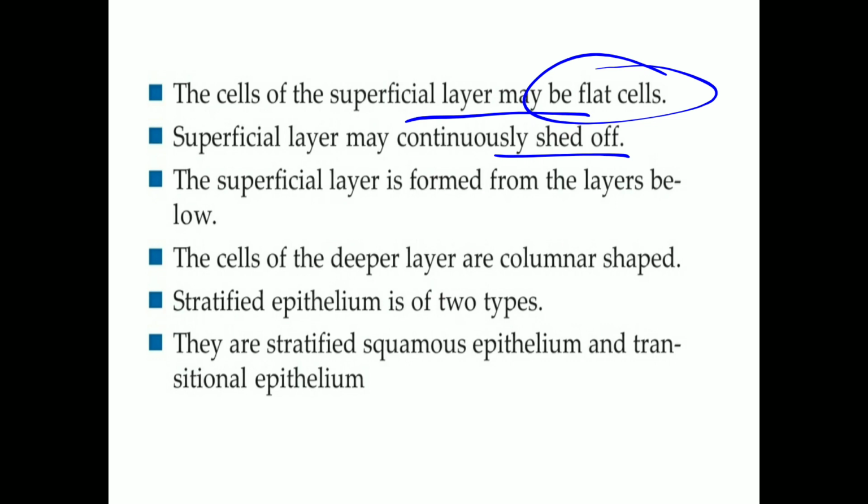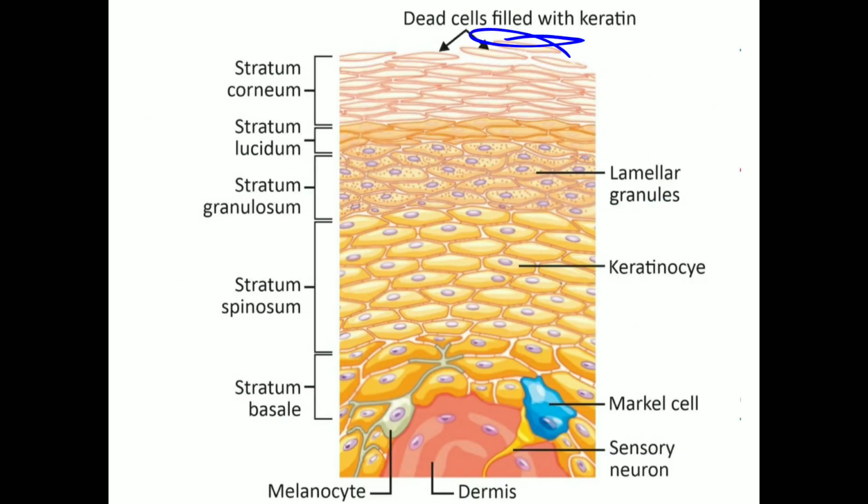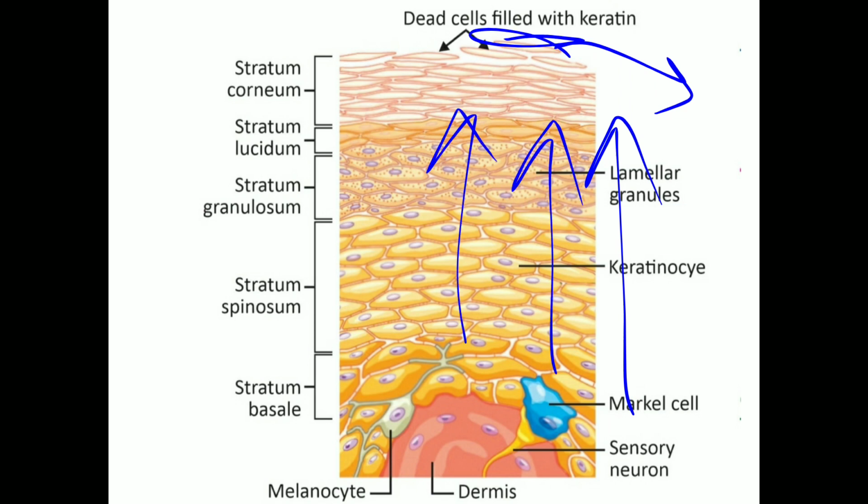The superficial layer is formed from the layers below, and those cells that have been shed off are replaced by the cells growing up from the germinative layer.